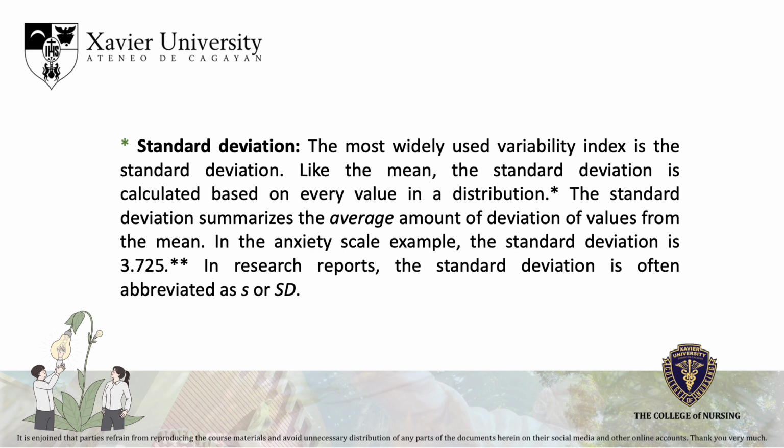So if, for example, male and female nursing students had means of 23 on the anxiety scale, but their SDs were 7 and 3, respectively, we would immediately know that the females were more homogeneous. So we have an example.